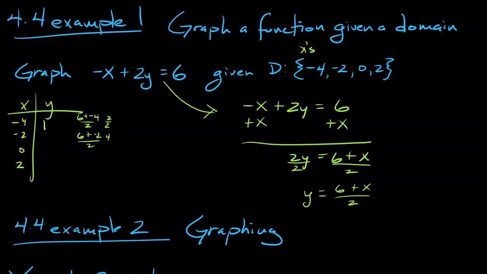So that's 4, divided by 2 is 2. 6 plus 0 divided by 2 is 6 divided by 2 is 3. And I feel like the pattern here says that's going to be 4. 6 plus 2 divided by 2 is 8 divided by 2 is 4.